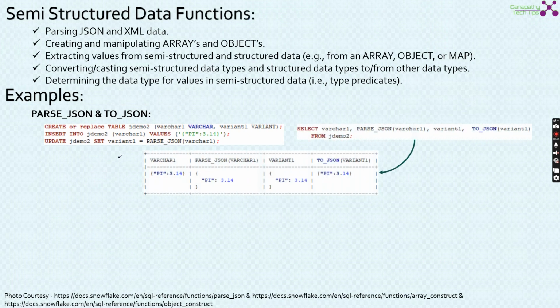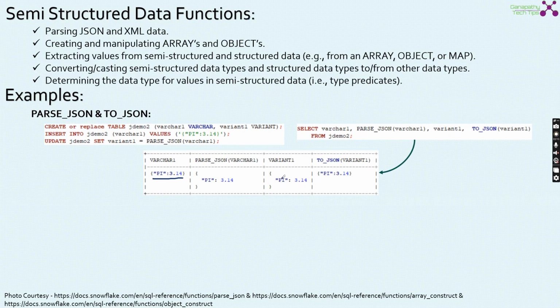As the result of this, if I fire this query against varchar1, PARSE_JSON of varchar1, variant1, and TO_JSON of variant1, you can see a different set of results. Ideally we stored this value only. The PARSE_JSON output will convert that into one typical dictionary, and variant1 is the similar one which we did in the update command, so again it's a similar dictionary.